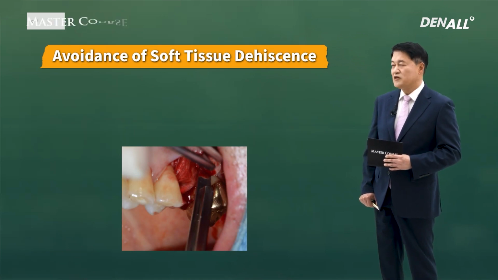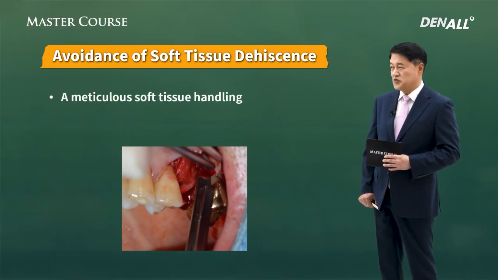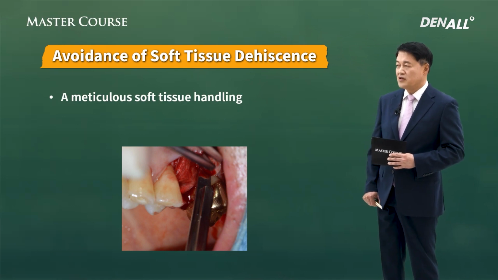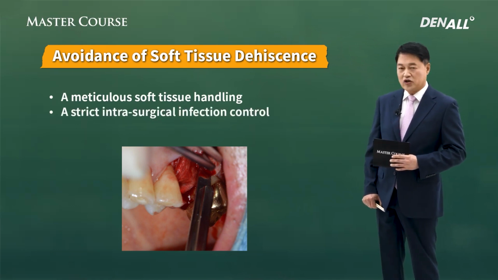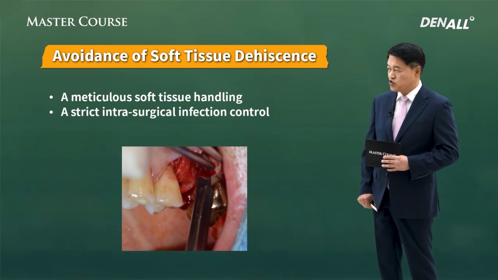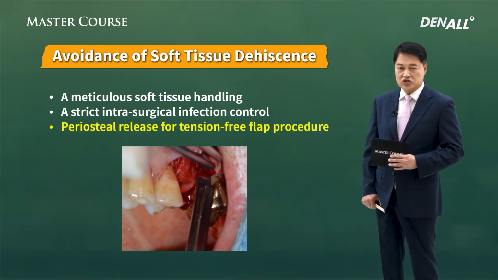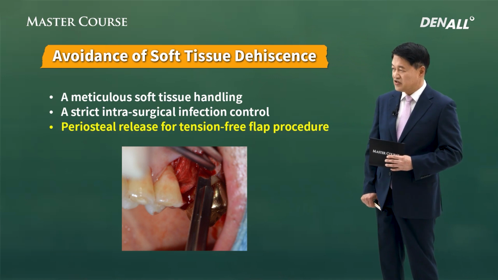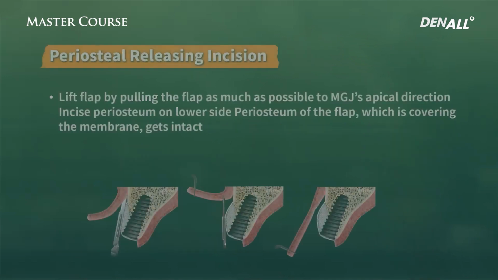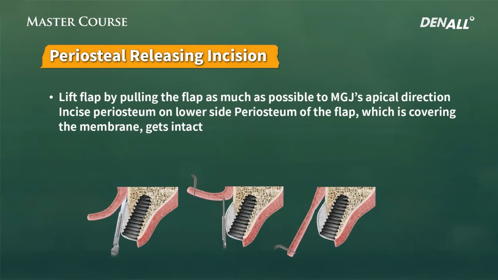In order to avoid soft tissue dehiscence, you need to meticulously handle soft tissue and have strict intrasurgical infection control. Another important point is to do periosteal releasing incision for tension-free flap procedure. Let's look at periosteal releasing incision.